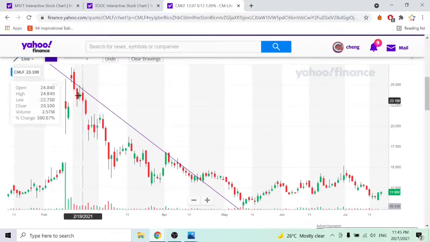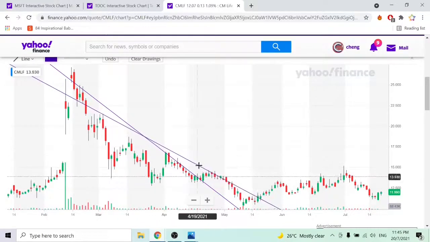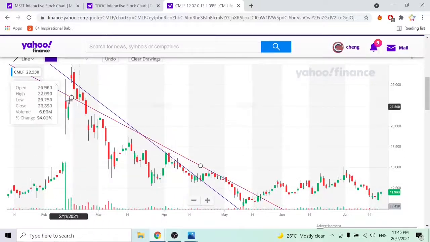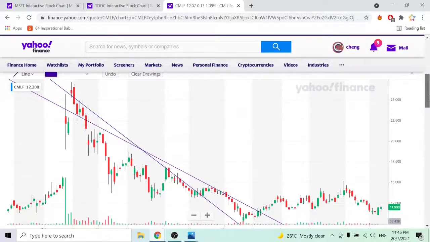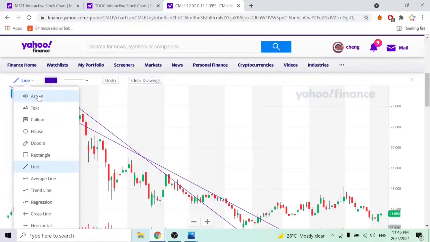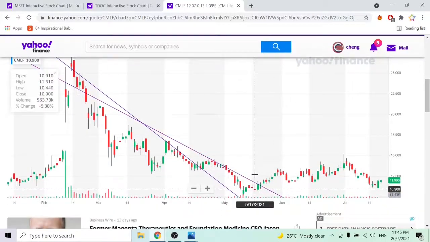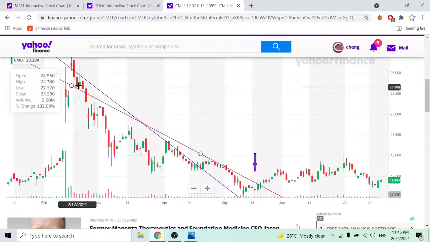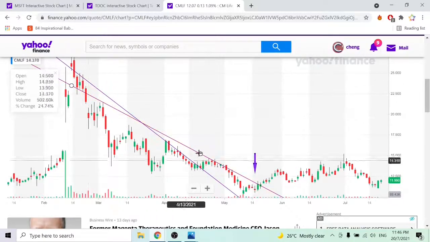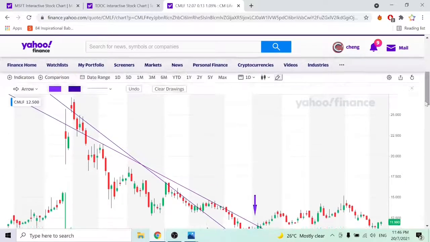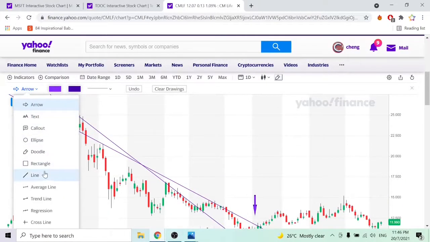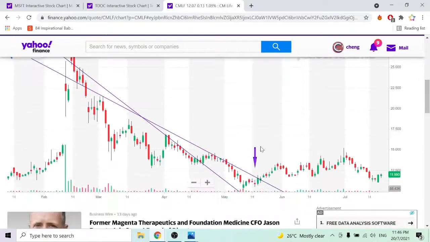We could actually draw another line here, from here to here. So you could draw another line here, the highest high, lower high, highest high, lower high. So you could see there's actually one nice point, one nice arrow where we could show a buy signal. Okay, so whenever this downtrend line is bridged, does anyone know what this point is called?